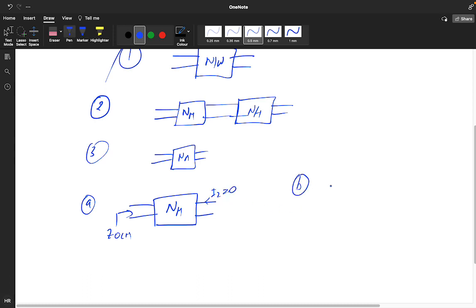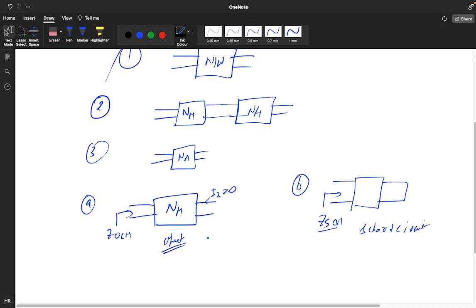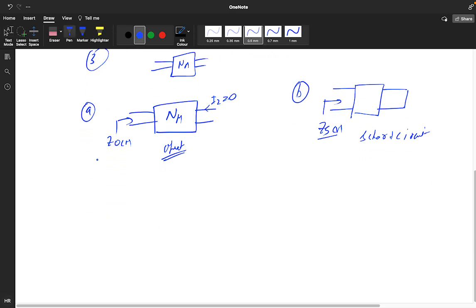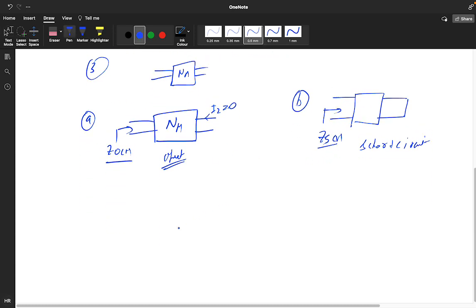And B part, you need to find the short circuit parameter while making these two ports 0, means V2 is 0, so that is known as the short circuit parameter, ZSCH. So short circuit, and this is the open circuit network. So you got two things, ZOCH and ZSCH.